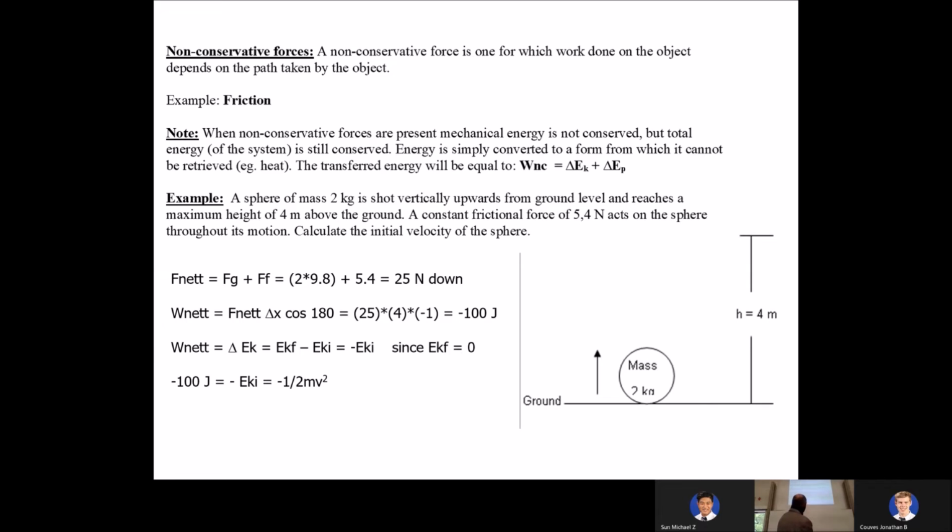So therefore minus EKI equals minus 100 joules equals half mv squared. And then that gives me the square root of this, which gives me a positive and a negative answer. Plus 10 or minus 10. But I have to know that the minus 10 is ridiculous because this thing is going up, so it must have been positive. So you discard the answer that doesn't make sense. Questions?